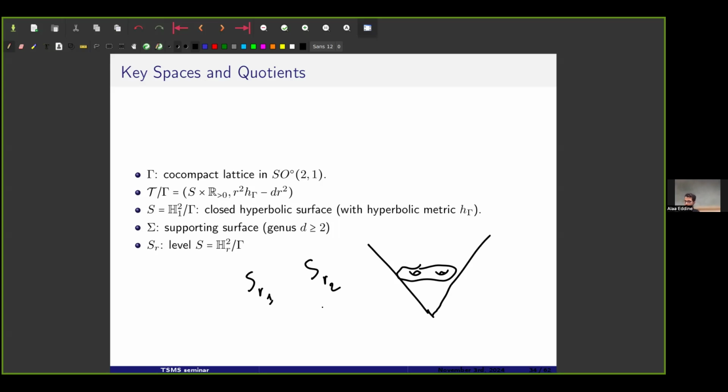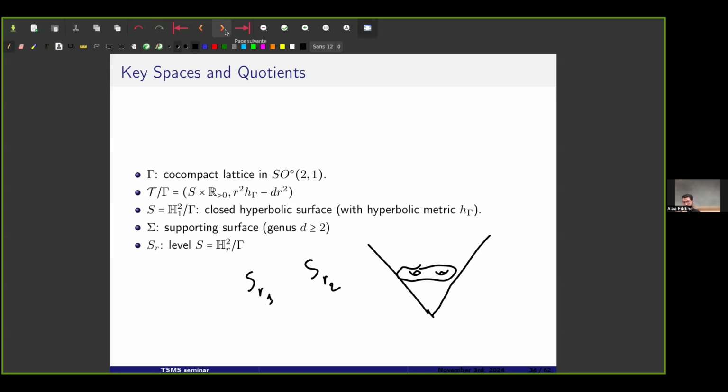By comparing the curvature at these tangency points, we can conclude that it must be equal to one of them. If you assume that the metric is hyperbolic, then it must be the hyperbolic level. So there is no isometric embedding of hyperbolic metrics except this trivial one, h_gamma.